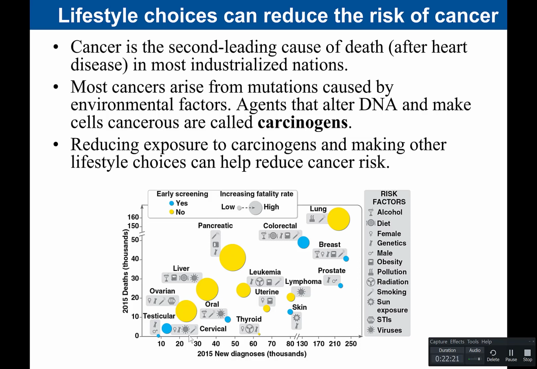If you look at this, you'll notice that smoking is a high risk factor for many types of cancer. If you look at this graph, it increases your risk for pancreatic cancer, colorectal, lung, breast, leukemia, what other ones? Oral, cervical, ovarian. Lots of different cancers have their risk increased by smoking cigarettes.